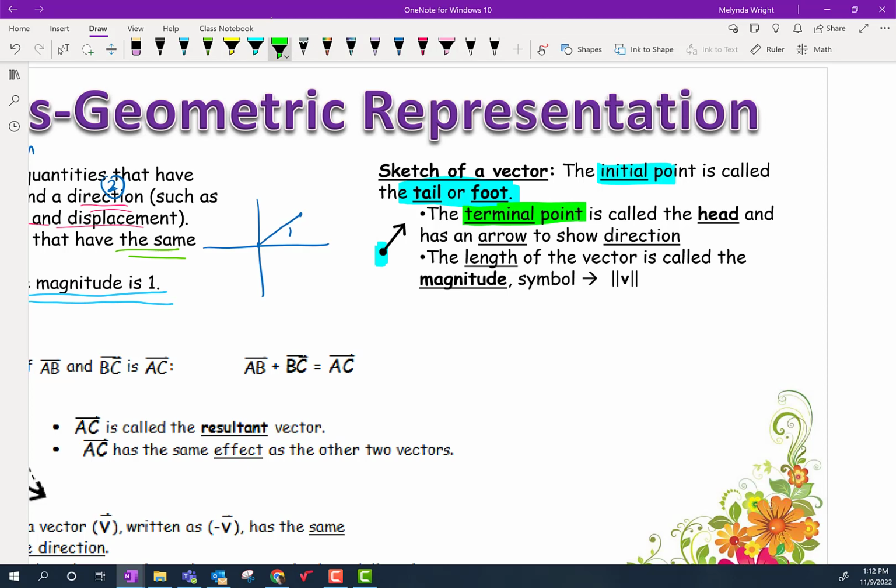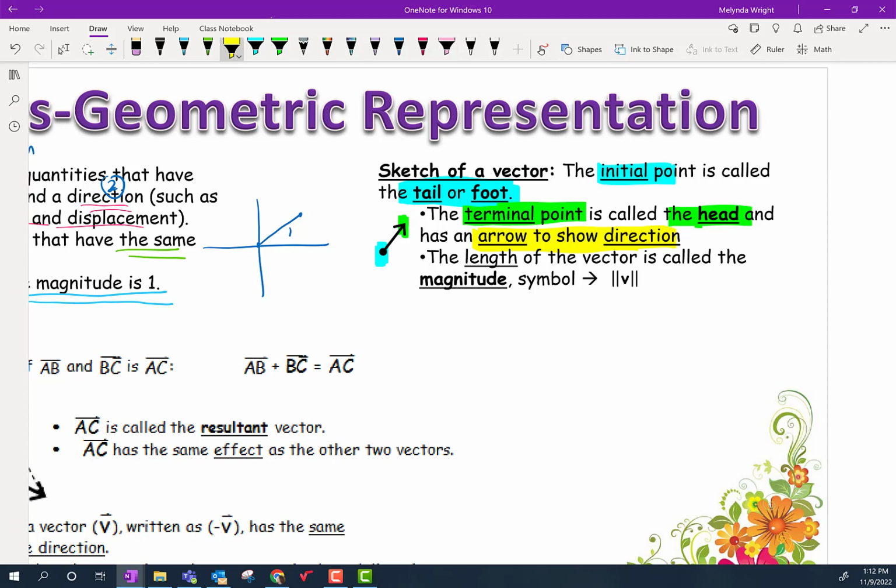It doesn't keep going in the direction of the arrow. It actually ends. It is called the head. So this little spot right here is called the head. And the arrow is simply showing direction. It's not showing that you keep going this way. No, it's showing which direction this vector is headed in.